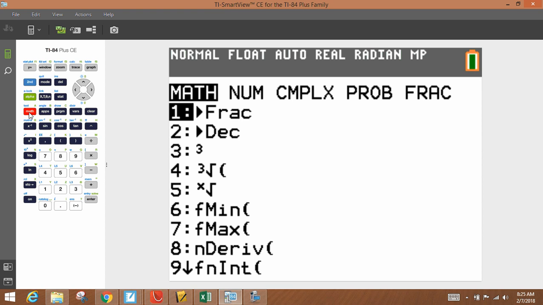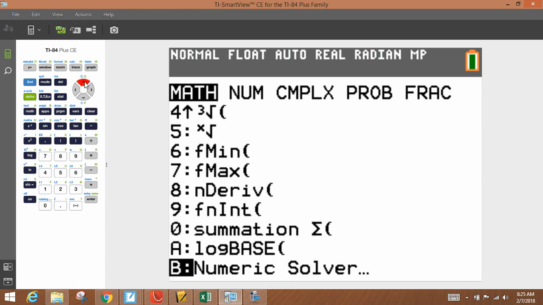Mine is very old. I've had one for a long time. If you go up, you'll get there faster. It's the command second from the bottom. It's the log base command.